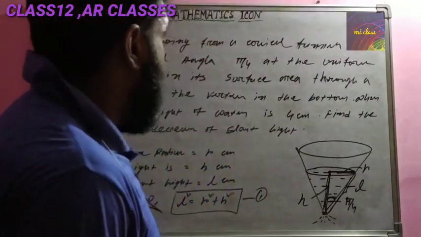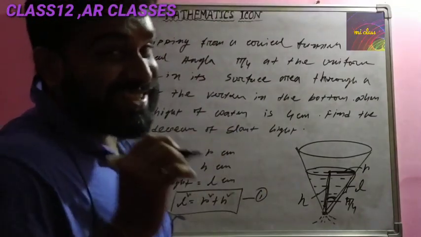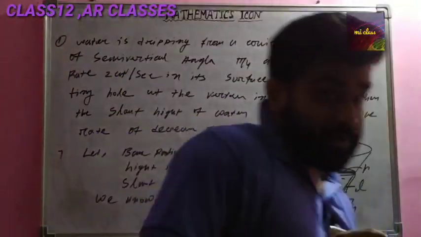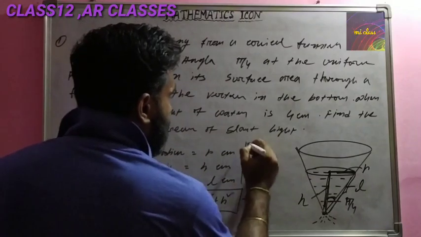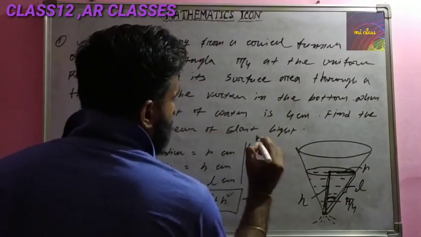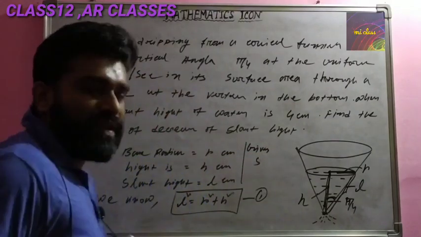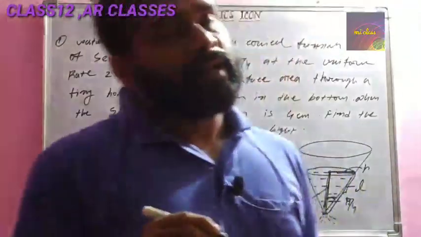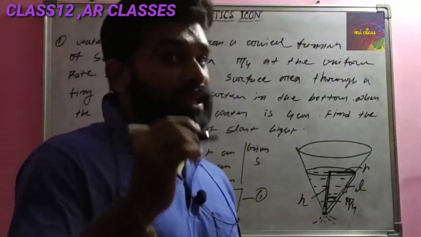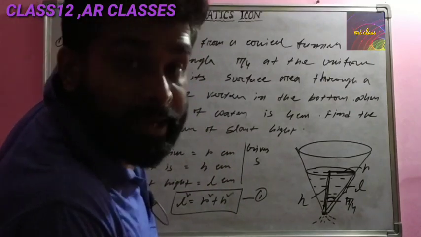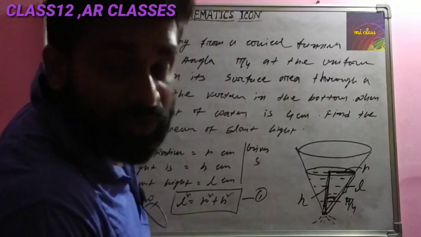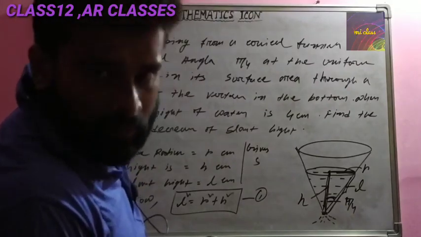Okay, now the surface area decreasing rate is given. Just write this line. Given surface area. If we denote the surface area as S, then what is given here? Surface area is decreasing 2 centimeter square per second, with respect to time.